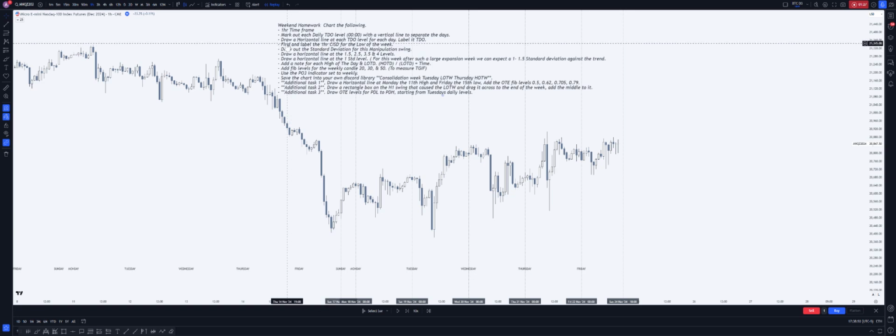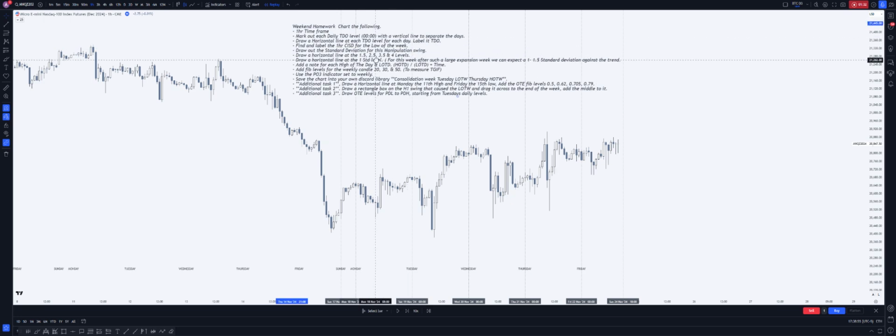Next step is to draw a horizontal line at each true day open level for each day and label it TDO.